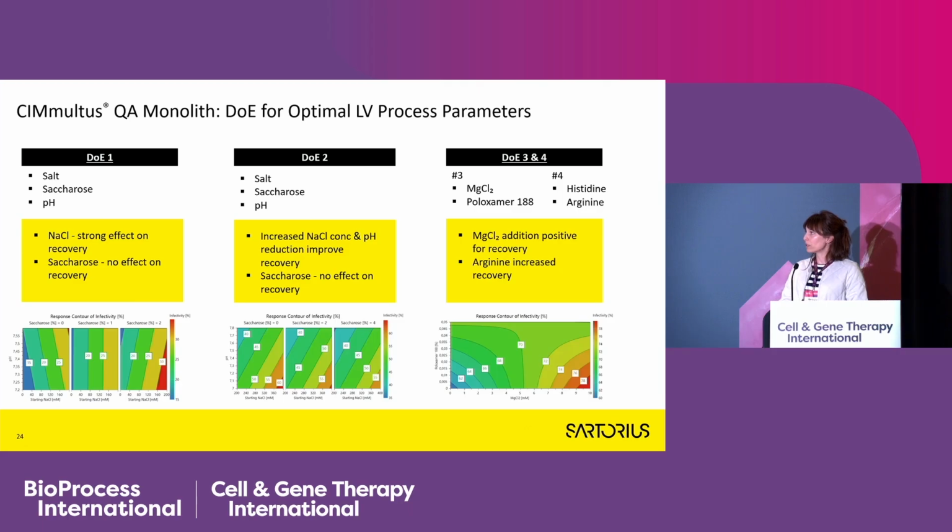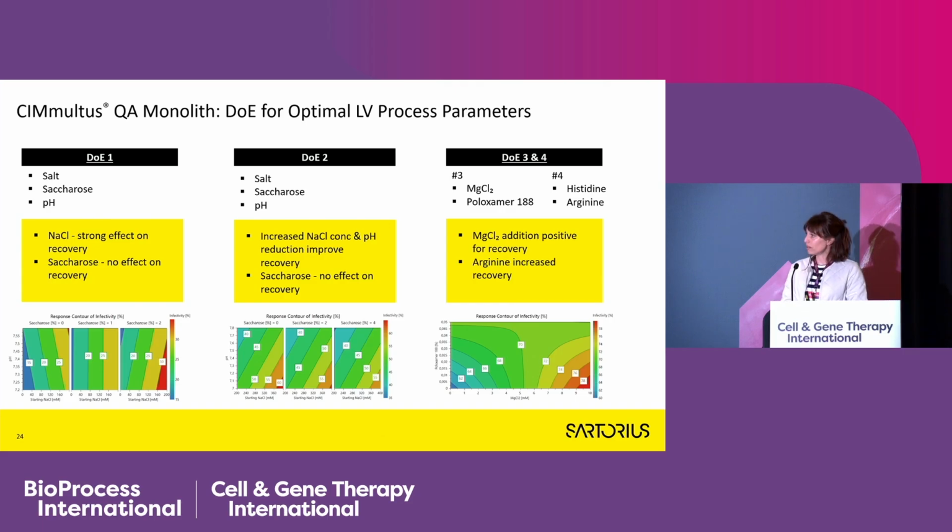And when choosing between histidine and arginine, we also see that arginine performed better. So with all these tested parameters, we basically come to a conclusion what the perfect parameters can be.